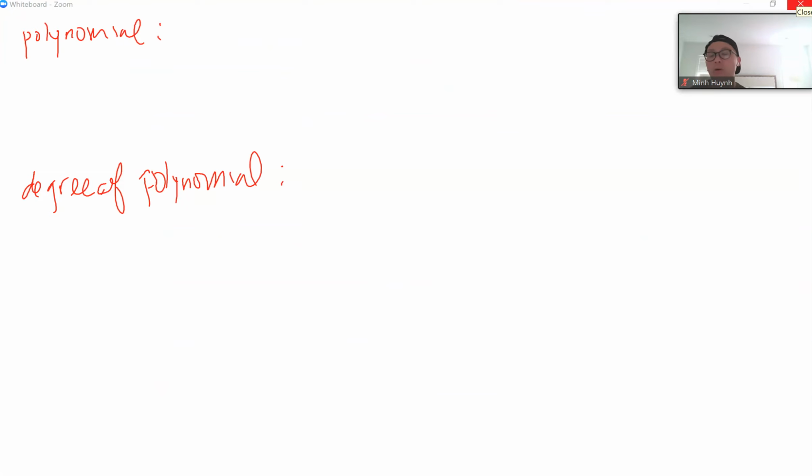Extending what we know regarding monomials, a polynomial is basically a sum of one or more monomials. I know I just mentioned no adding and subtracting, but it can include subtraction as well. Some examples of polynomials: let's say I have 3x squared plus 4x. See how it's separated by a plus sign.